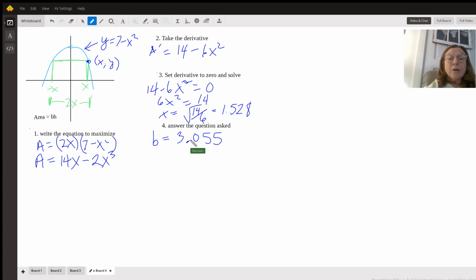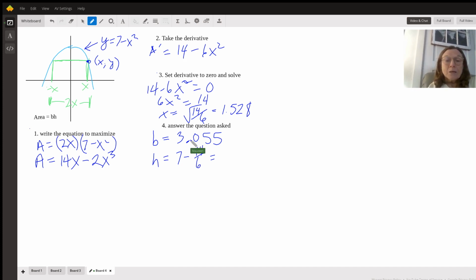And for the height, I substitute the x value back into the equation. So I put back in 7 minus x squared. Let's just use 14 over 6 there because x was the square root, so if I square it, I'm just going to get 14 over 6.